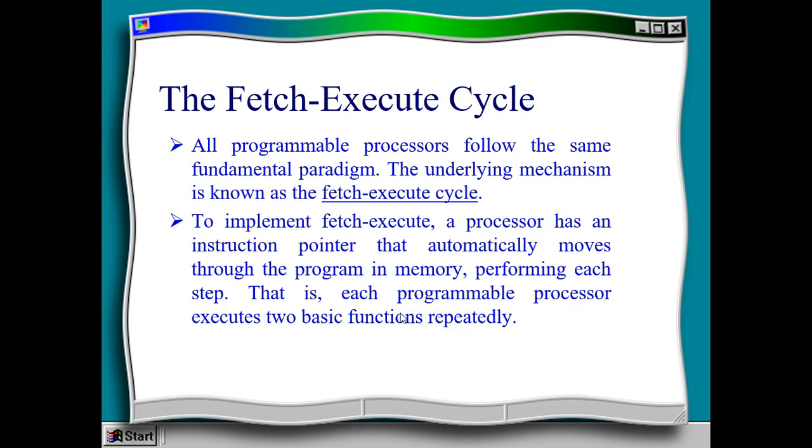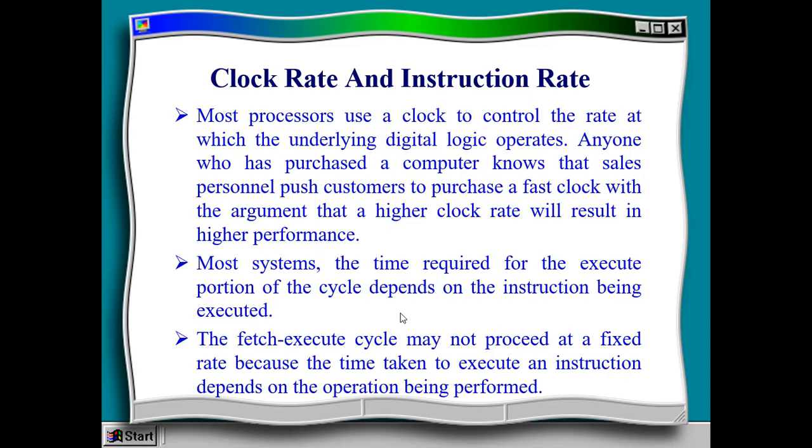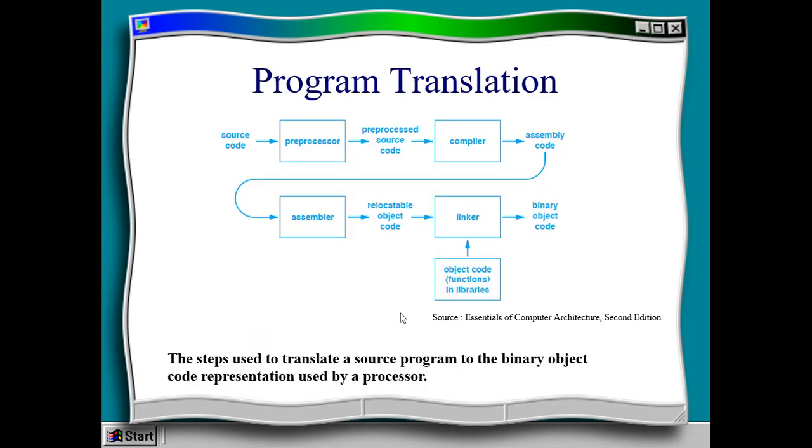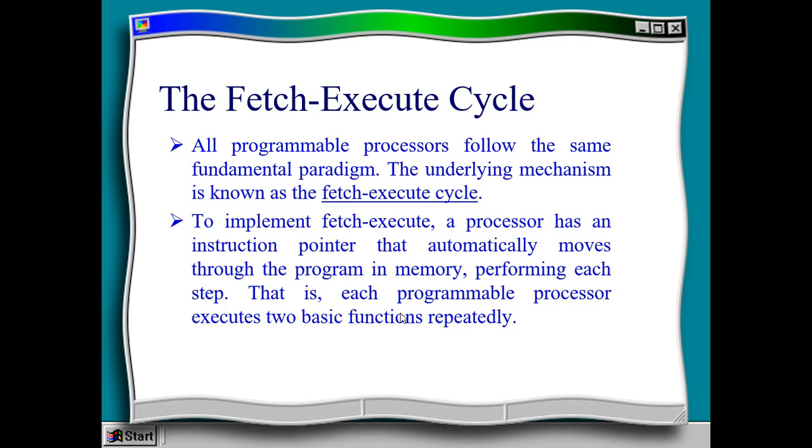It's good to see this process of the fetch execute cycle and how it operates. Take note: each programmable processor must execute the two basic functions, which are fetching and executing.